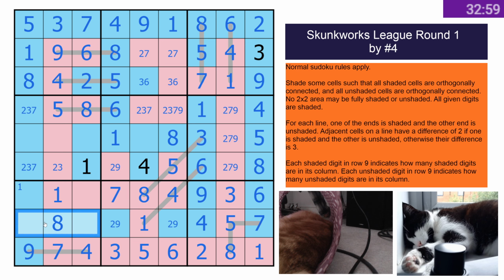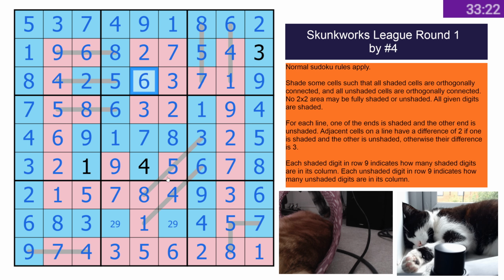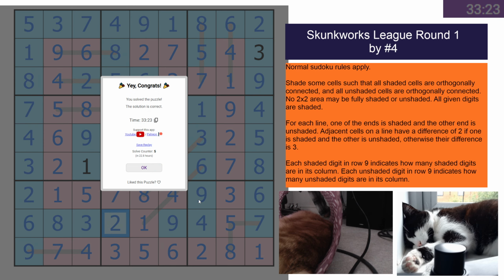This is looking a little better, isn't it? 2s and 5s. 7s and 2s, 2s and 3s, 3s and 6s, 9s and 2s. Okay. That's a bit better.